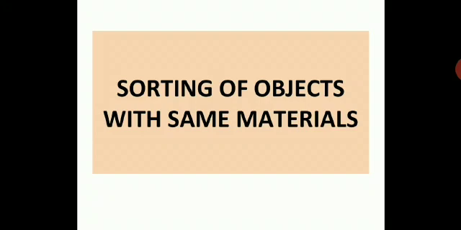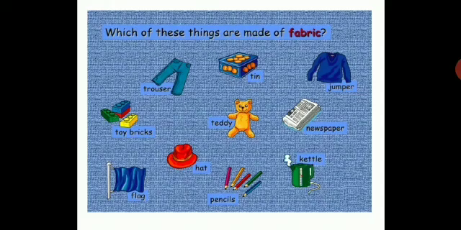Now, sorting objects with the same materials. We can easily sort objects with the same materials. Which of these things are made of fabric? You can easily see and make out a trouser, jumper, flag, hat, and a teddy bear also uses some kind of fabric.